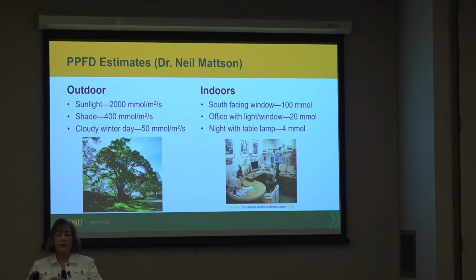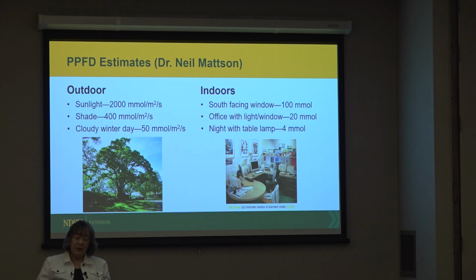Now let's shift to indoors. A south-facing window. Now there can be a range here. You're going to get more light in midsummer than you would on January 1st. But let's assume maybe somewhere in the range of 50 to 100 micromoles per meter squared per second. Or an office with an overhead light and a window, you're down to maybe 20 micromoles.